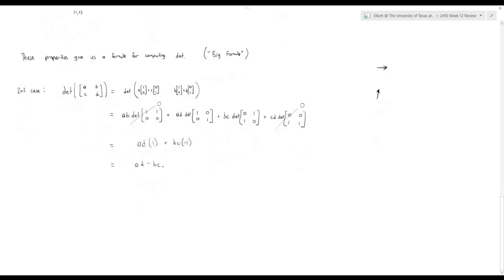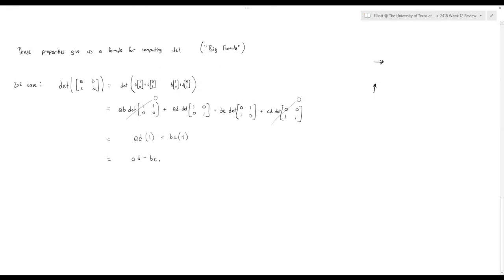So you can also do something similar for the general n by n case. I'm definitely not going to work that out, but just a brief comment on that. For an n by n matrix, you could take each of the columns and write it as a linear combination of the columns of the n by n identity matrix.